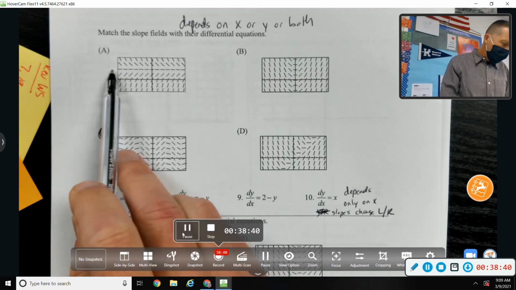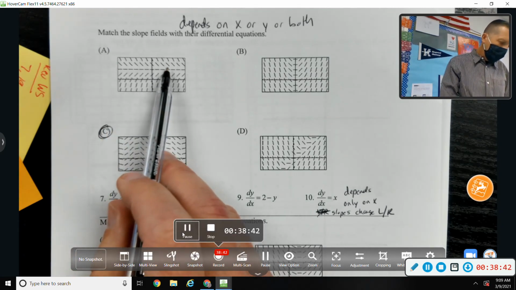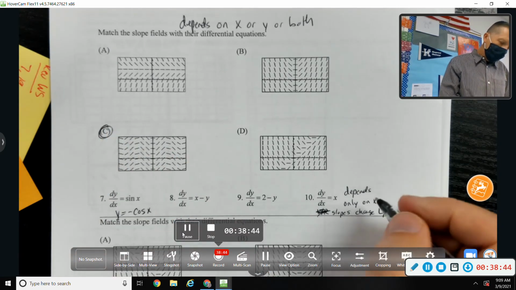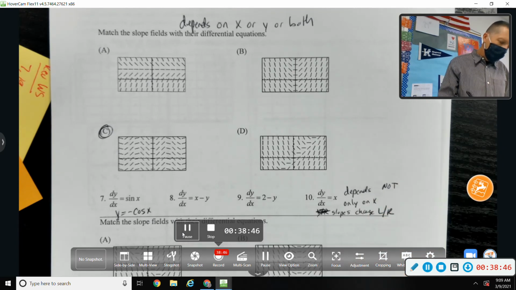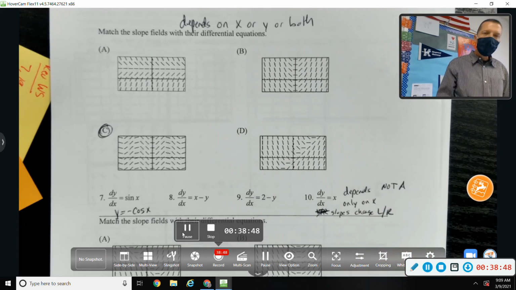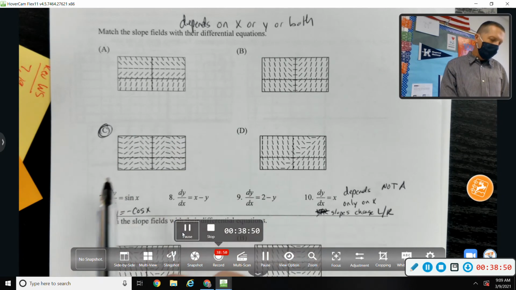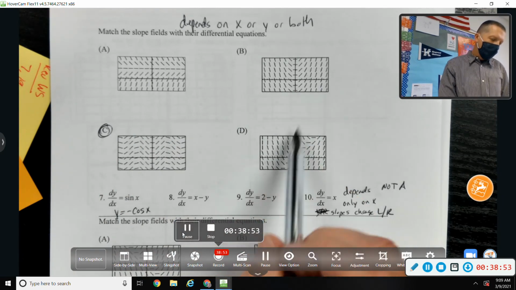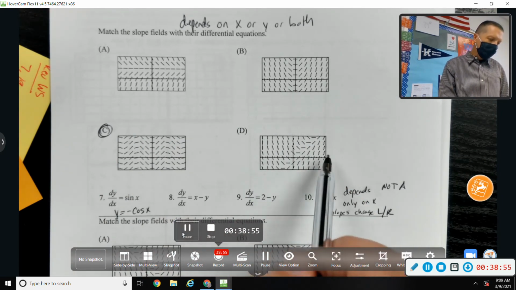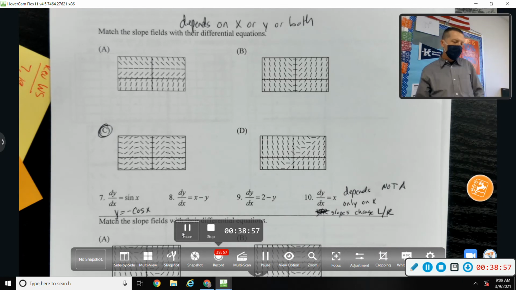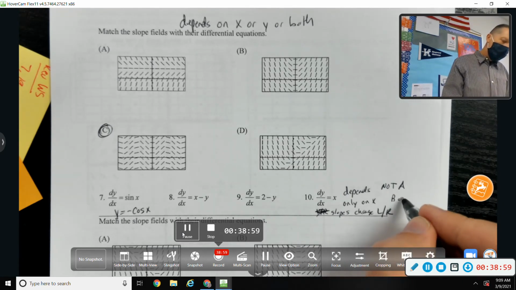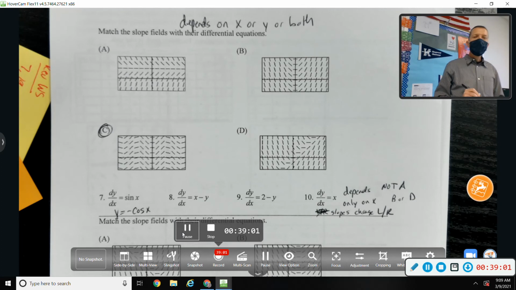Phrase it this way: slopes change as I move left to right. So number 10 is not A, because that doesn't change left to right. B changes left to right. But D also changes left to right. Which one do you think it is?